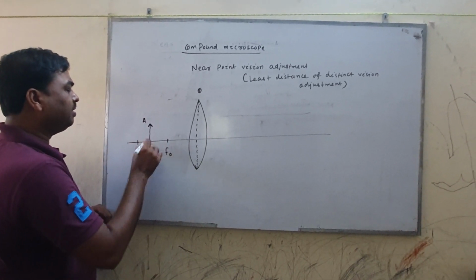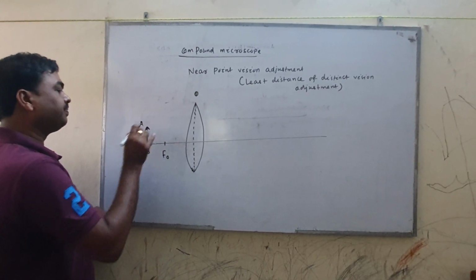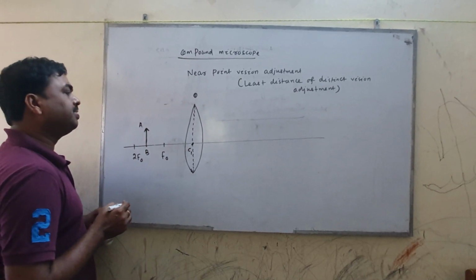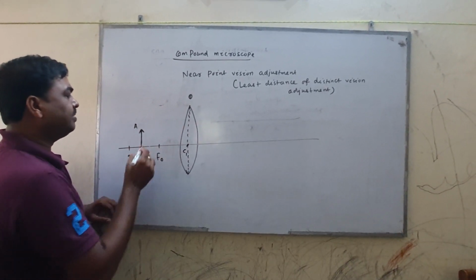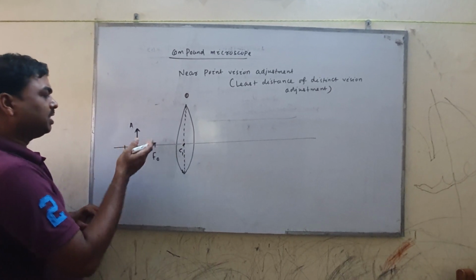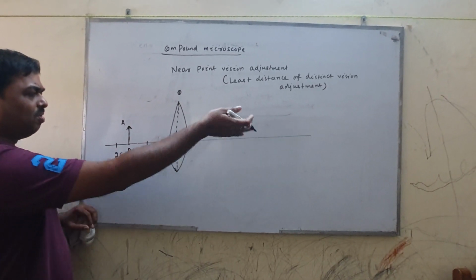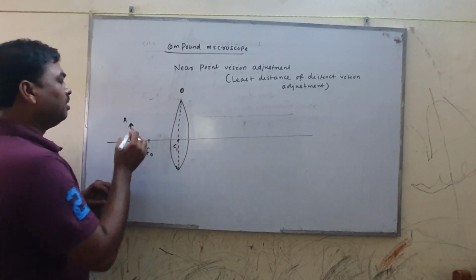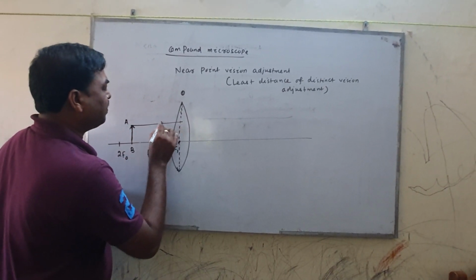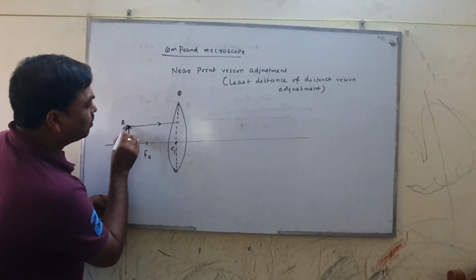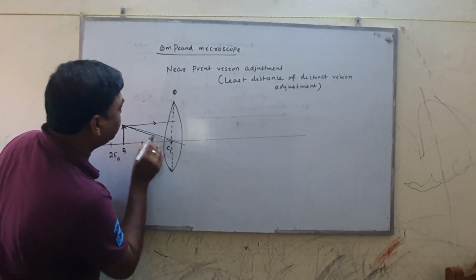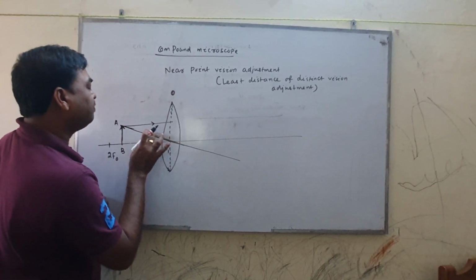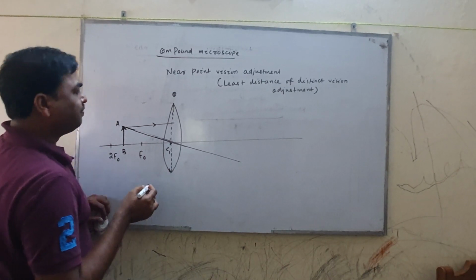Say the object is AB. This is the optical center of the objective lens. This is the principal axis. You know, when the object is between F and 2F, the image is formed beyond 2F. As it is a convex lens, the image is real. One ray is parallel to the principal axis and another ray passes through the optical center and goes undeviated.